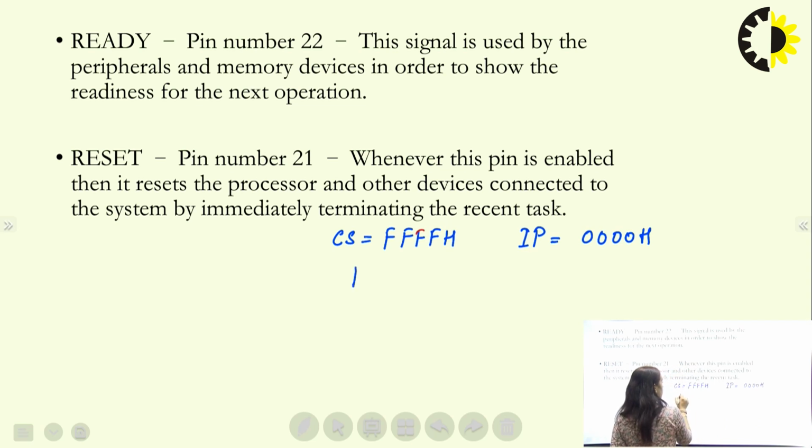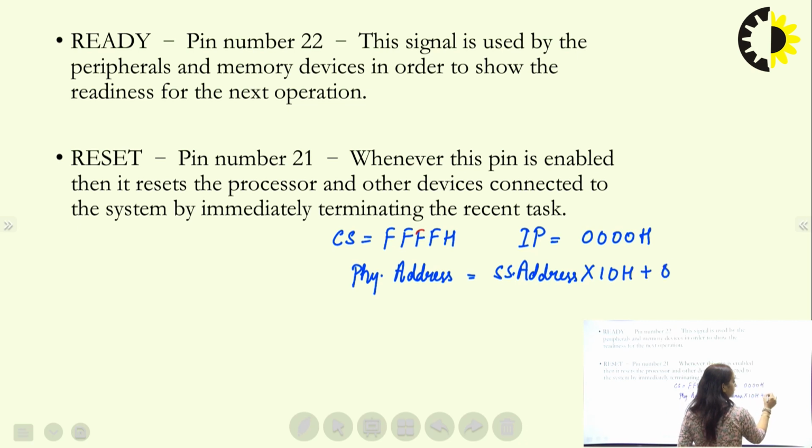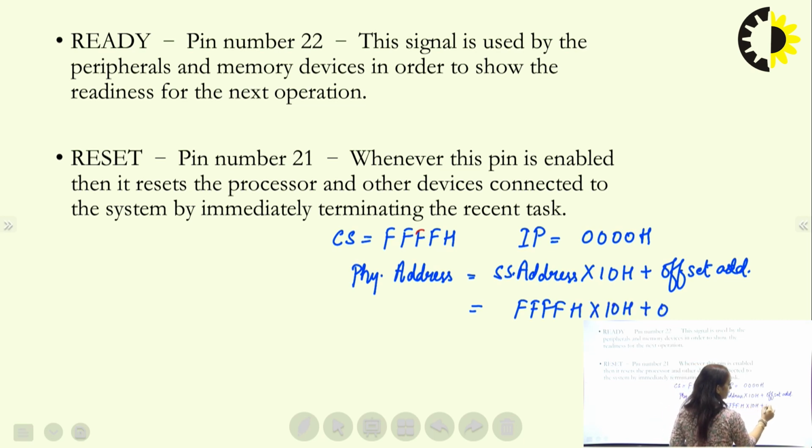So the physical address is calculated by the formula: segment address multiplied by 10H plus offset address. So it will be FFFFH multiplied by 10H plus 0000H.